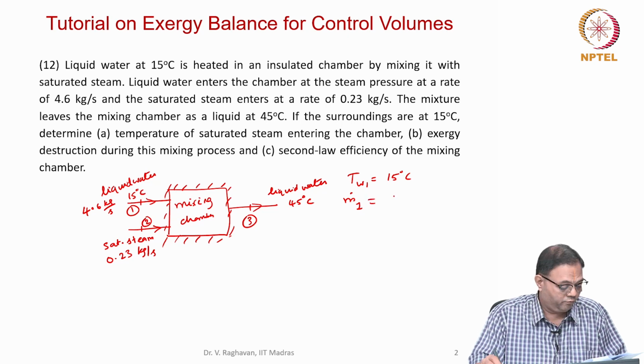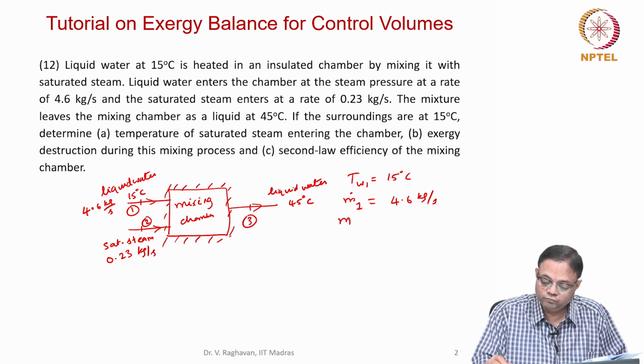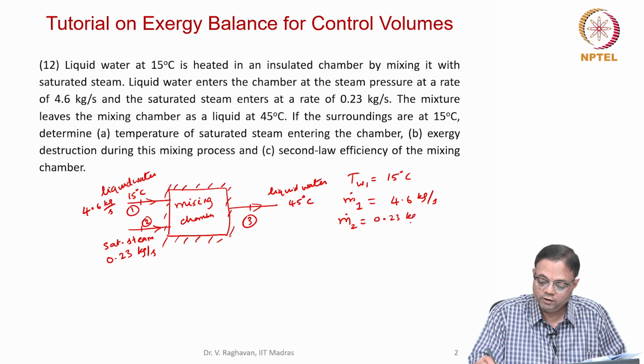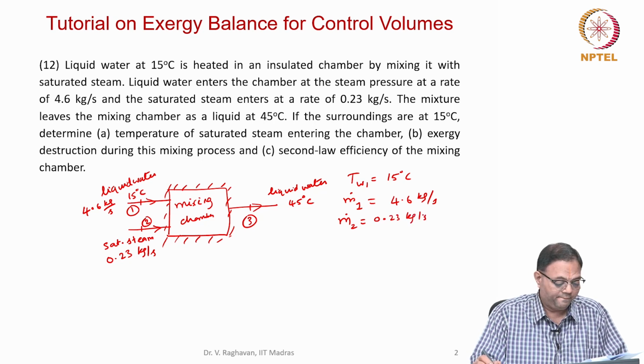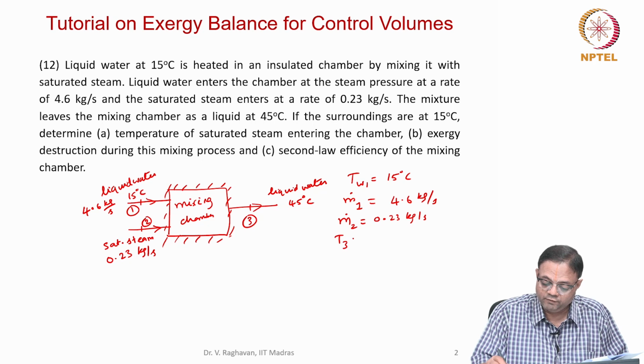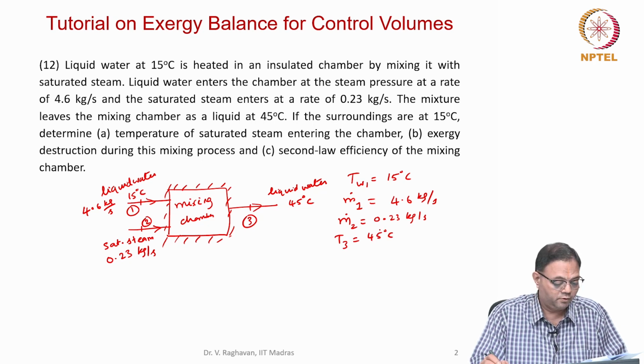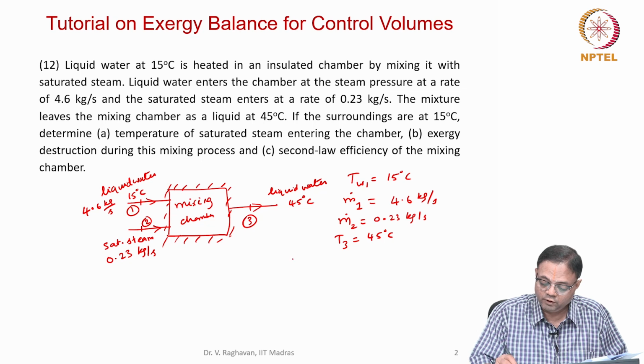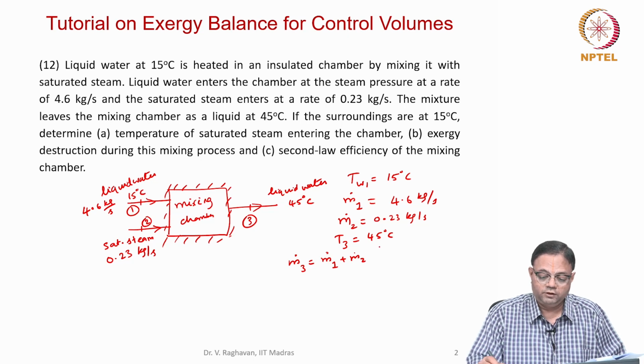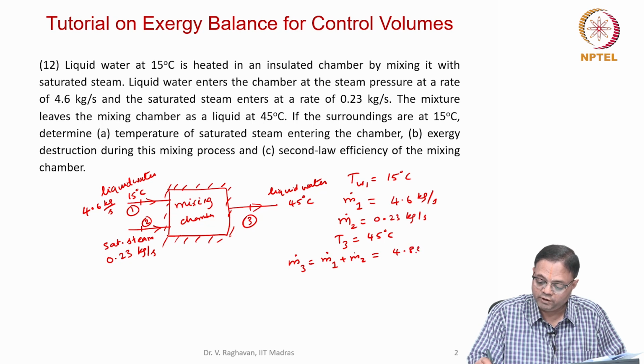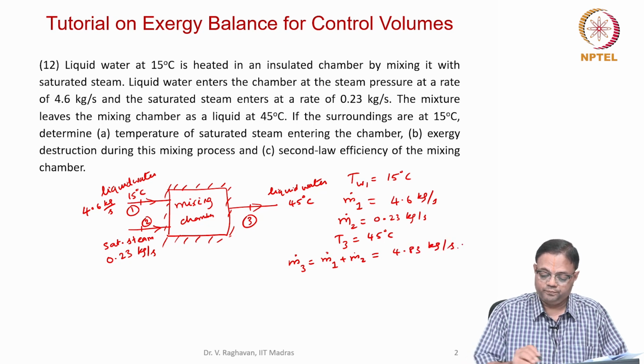So, this will be 4.6 kg per second and the steam's flow rate is 0.23 kg per second and the T3 is given as 45 degrees centigrade and m dot 3 will be equal to m dot 1 plus m dot 2. So, steady state steady flow. So, this will be equal to 4.83 kg per second.